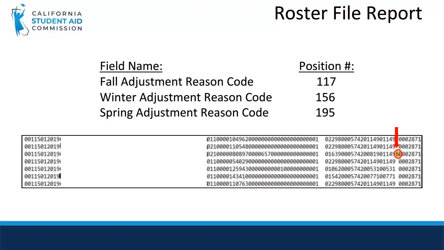Payments in a recertified status are identified by having an adjustment reason code of 6 in specific fields. If the adjustment reason code of 6 displays in the following fields and position on the roster file, the student has a recertified payment for the corresponding term.